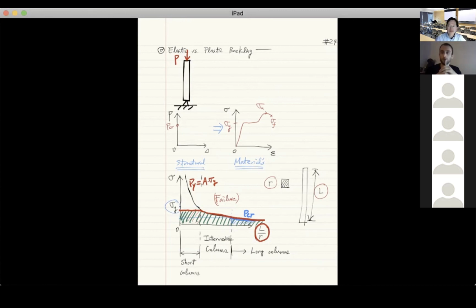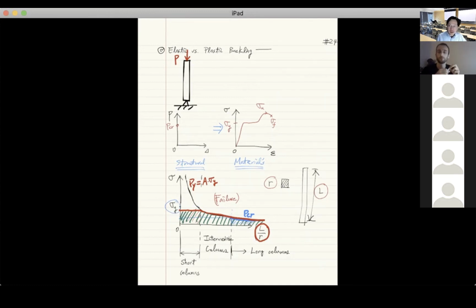There's a lambda-like coefficient, and I can tell you the story behind the use of this ratio. The point is to get something dimensionless, because the unit for length is a length unit, and the unit for radius of gyration is also a length unit. So L over R is dimensionless.